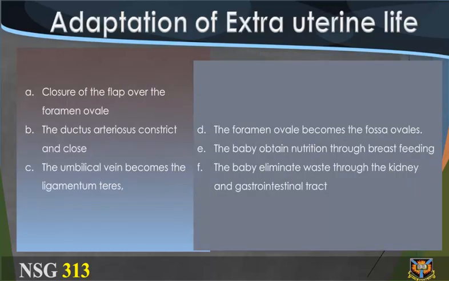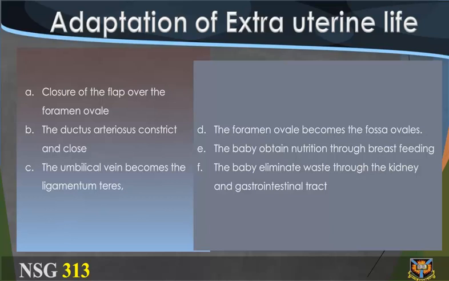Adaptation to extrauterine life. A. Closure of the flap over the foramen ovale. B. The ductus arteriosus constricts and closes. C. The umbilical vein becomes the ligamentum teres.